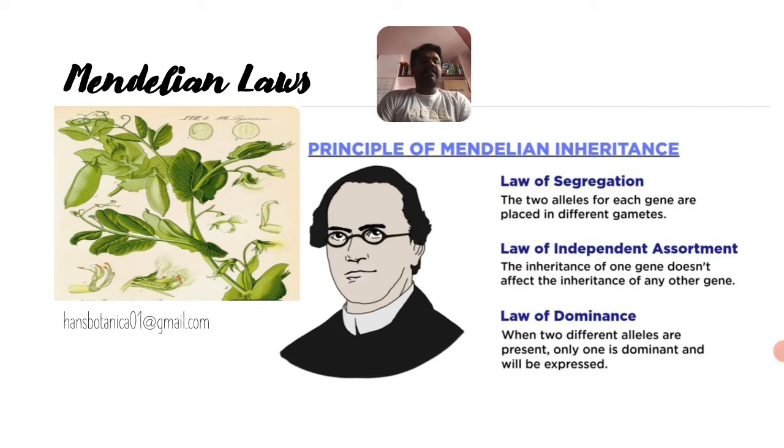In the F2 generation there are 4 plants: 3 are tall and 1 is dwarf, which shows the phenotypic ratio of 3:1. Of the 3 tall plants, 1 is homozygous tall and 2 are heterozygous tall, and the other is a dwarf, so the genotypic ratio is 1:2:1.